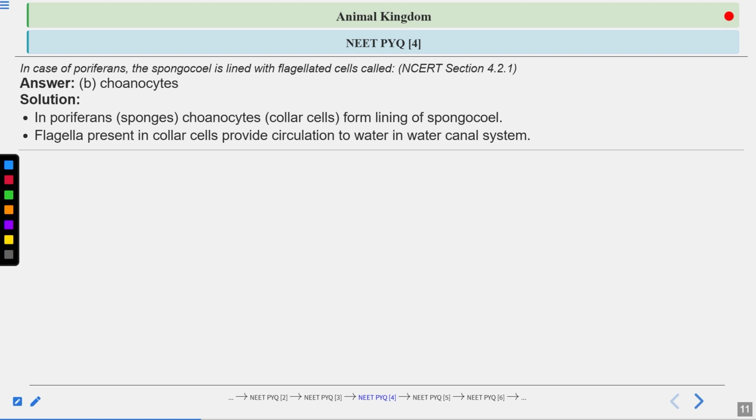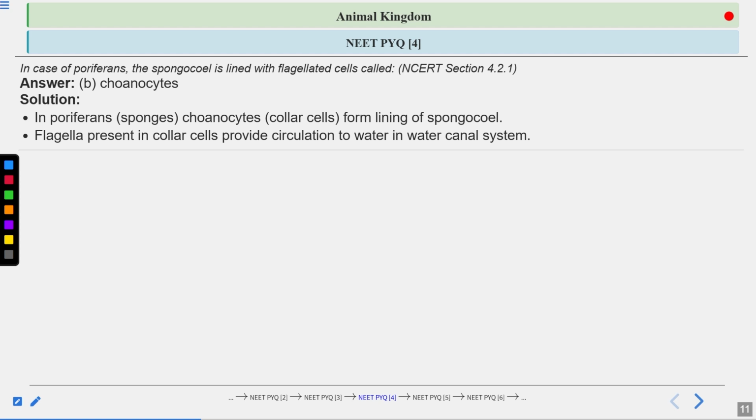Okay, new water comes inside the spongocoel cavity, and again due to the beating of the flagella, the water moves out through the osculum. So this current of water movement is maintained with the help of these choanocyte cells or collar cells, because they have the beating flagella, right?